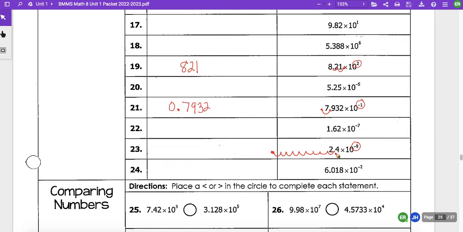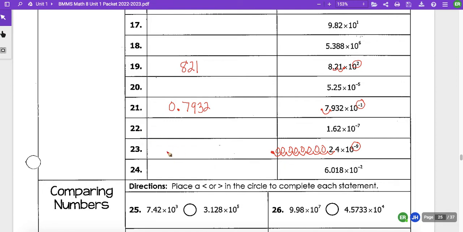Now, I had to move 1 around the 2, and then I fill in 0. So I have to get 8 zeros here. It's not 9 zeros because the exponent is 9, because I had to move around that 2. Okay, so make sure that you have 8 zeros here.